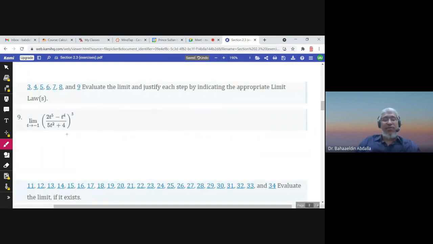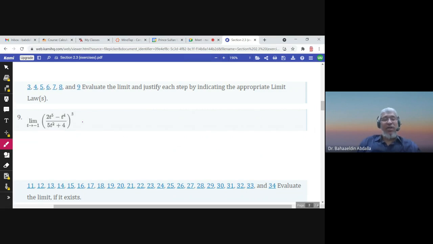Evaluate this limit. To evaluate this limit, I just replace t by -1. You can write it if you like. You can let limit come inside the parentheses and then 2 times limit t to the power 5 and so on.